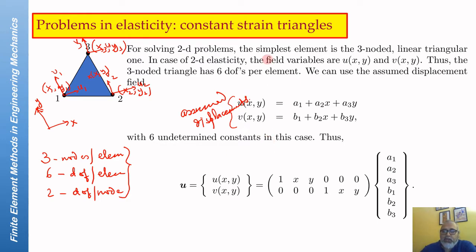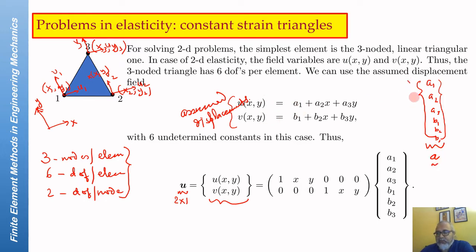Okay, now we can write u and v together as a vector, and as usual we call it bold u. So bold u is a 2 cross 1 vector, and its elements are u and v at any point inside the element. We can first write the vector of undetermined constants. These are the 6 undetermined constants, and this we will call a as usual.